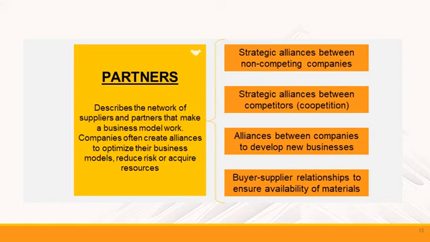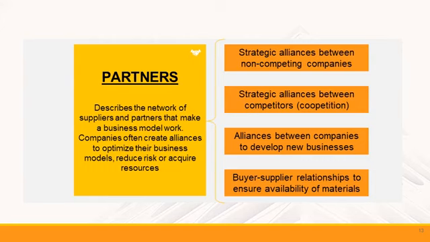So these are the 4 kinds of alliances, and we have to know which kind of alliance I want to develop. Here is an example of a strategic alliance between non-competing companies. Imagine that I am this pantyhose firm that we have previously mentioned.